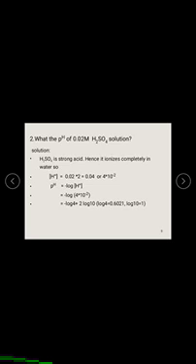Minus into minus is plus, so plus 2 log 10. Here the log 4 value is 0.6021, and log 10 base 10 value is 1.